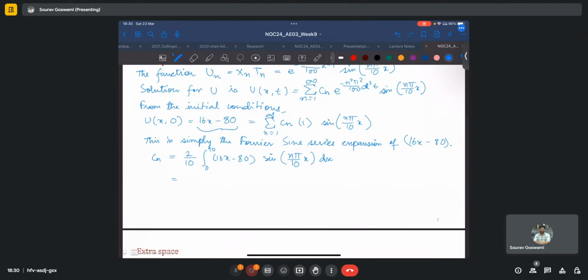So 1 by 5, I'll just break it, integral 0 to 10 of 16x times sine n pi by 10 x dx minus 80 times integral 0 to 10 of sine n pi by 10 x dx.